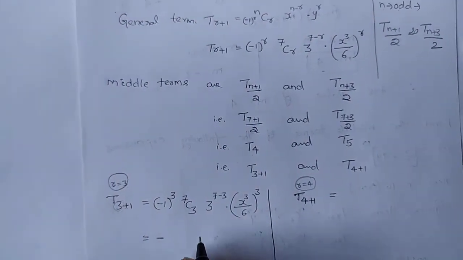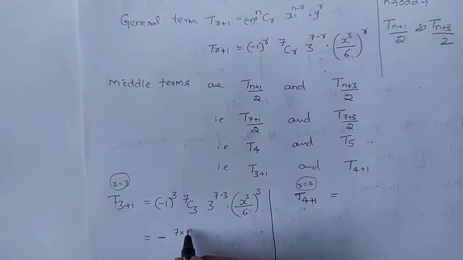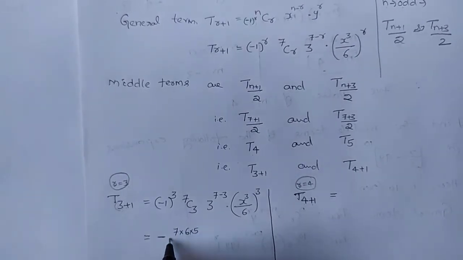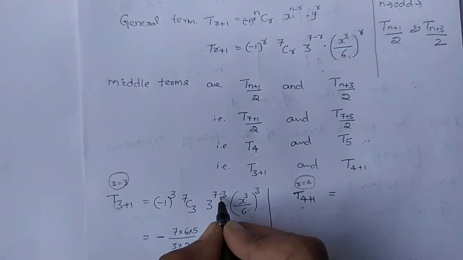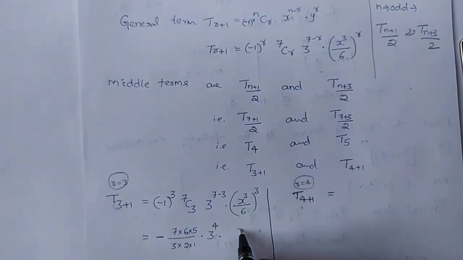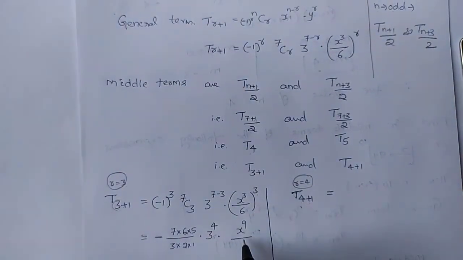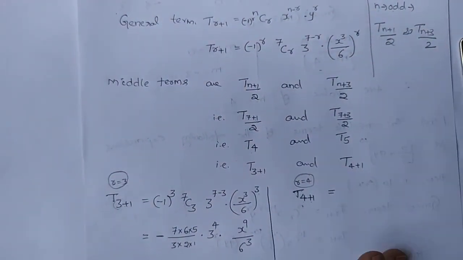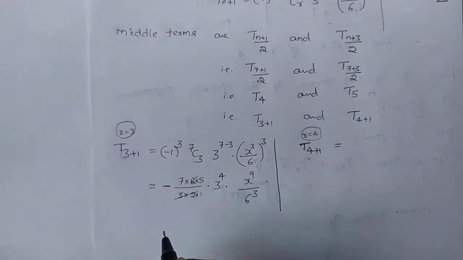(Minus 1) whole cube, that value is minus. These things we already learned. 7C3, how to find 7C3? 7 into 6 into 5 divided by 3 into 2 into 1, into 3 power 7 minus 3 is 4, 3 power 4, into x power 3 into 3 is 9, divided by 6 cube. 3 twos are 6, so 6 will get cancelled.